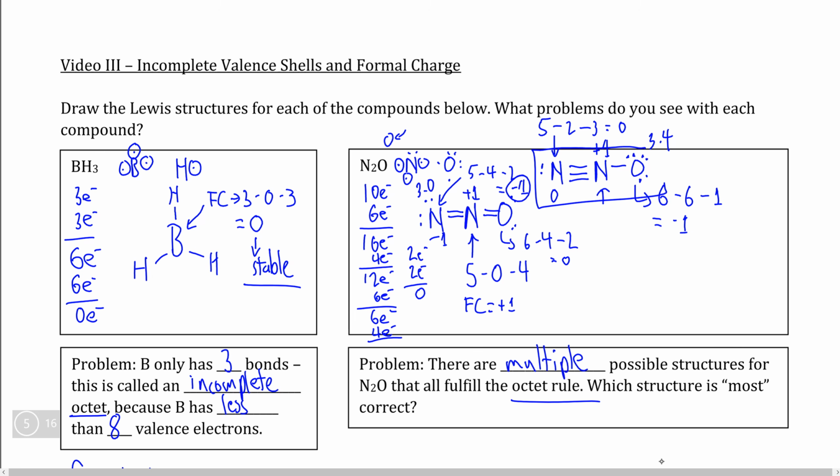Therefore, this structure is more ideal because oxygen's electronegativity is greater than nitrogen's electronegativity, and therefore it is able to gain electrons better, and therefore it makes more sense that the negative formal charge stays on oxygen rather than nitrogen. So this structure here is our better structure.